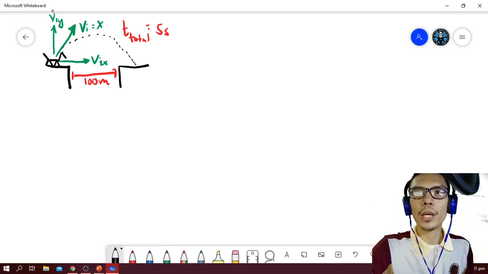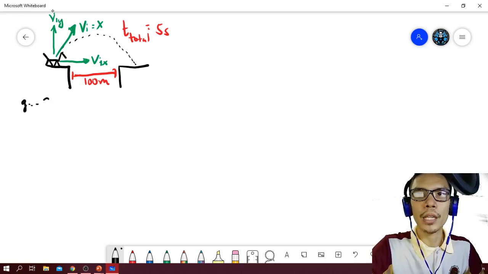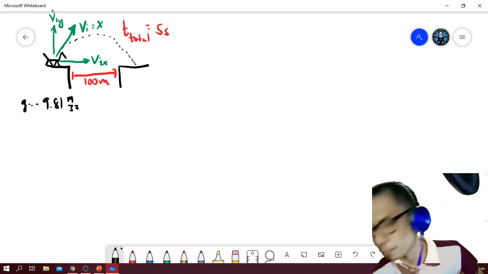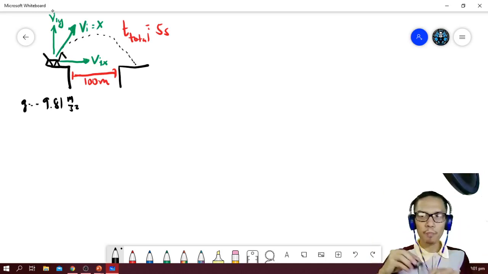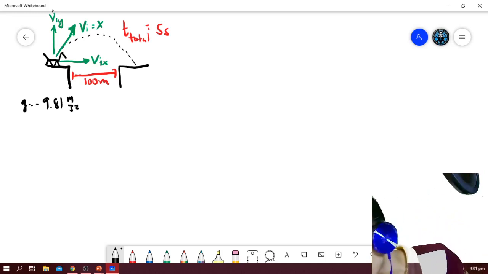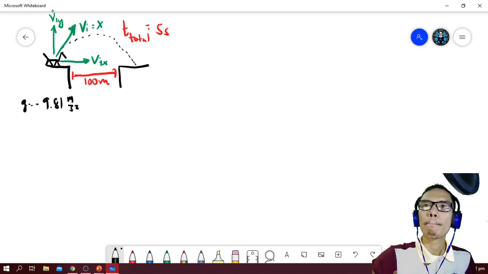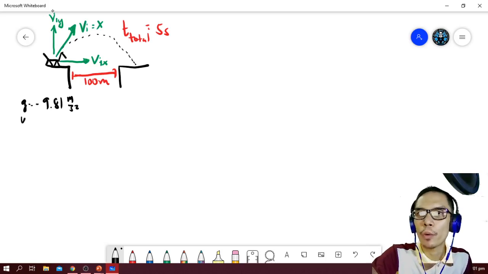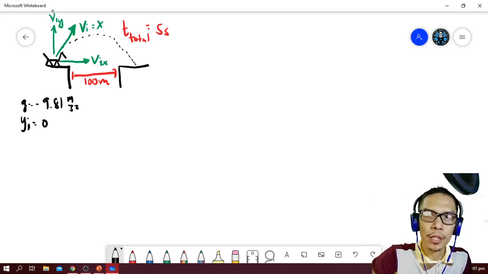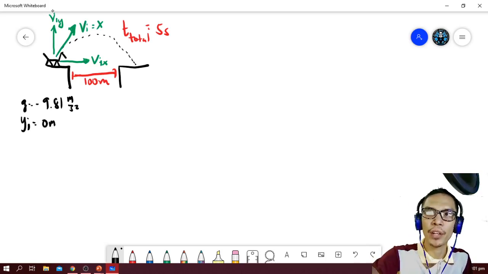Okay, now let's put on the variables that we have. So we have g, which is negative 9.81 meters per second squared. Okay, then the yi is 0 meters because that is level ground. All right, that's not a cliff.